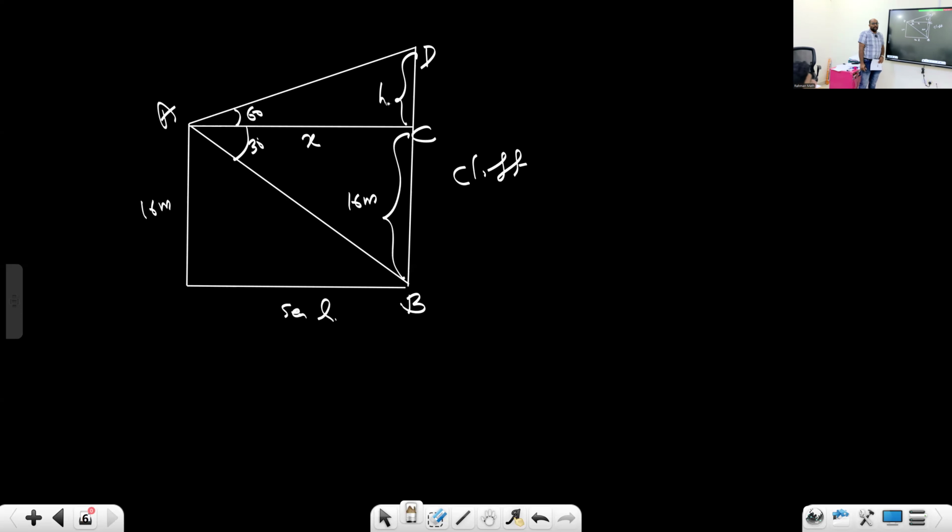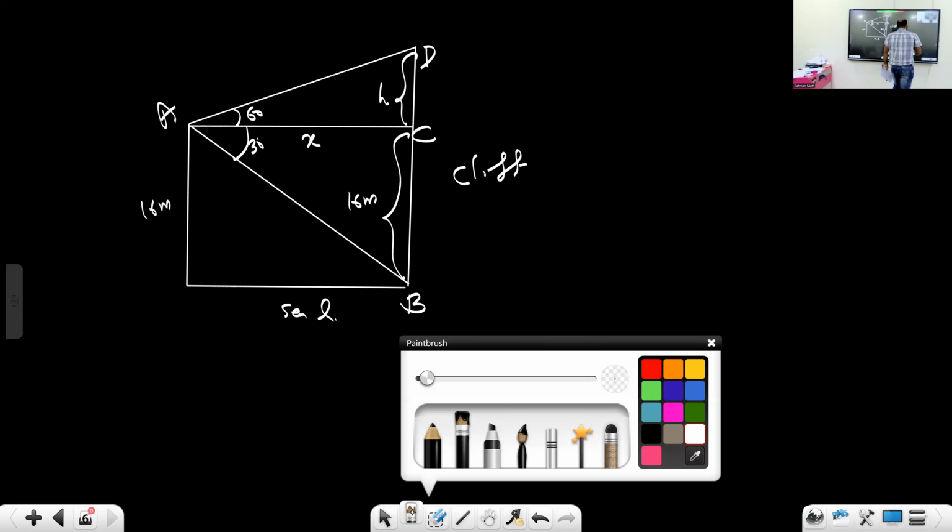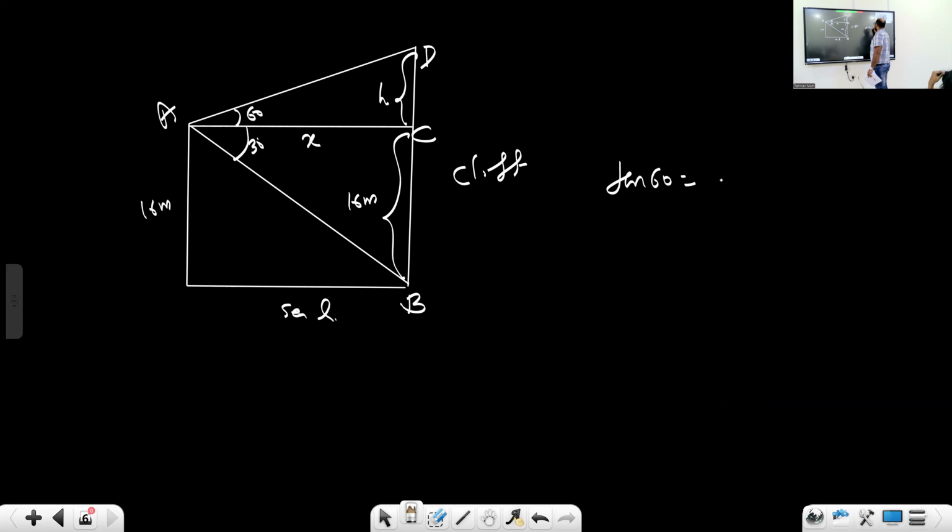In triangle ACD, tan 60 equal to h by x. What is tan 60? So h equal to x root 3, equation number 1.